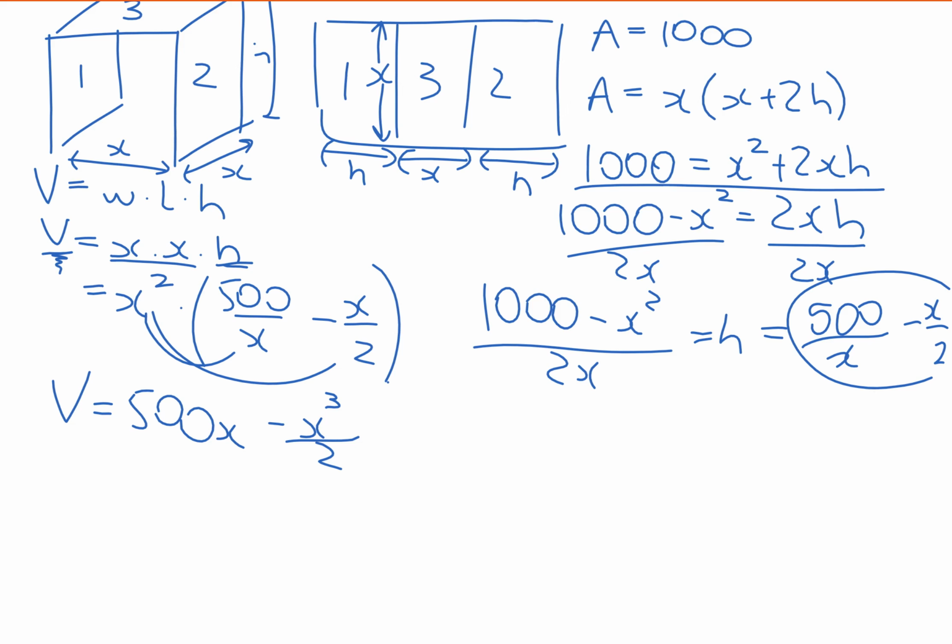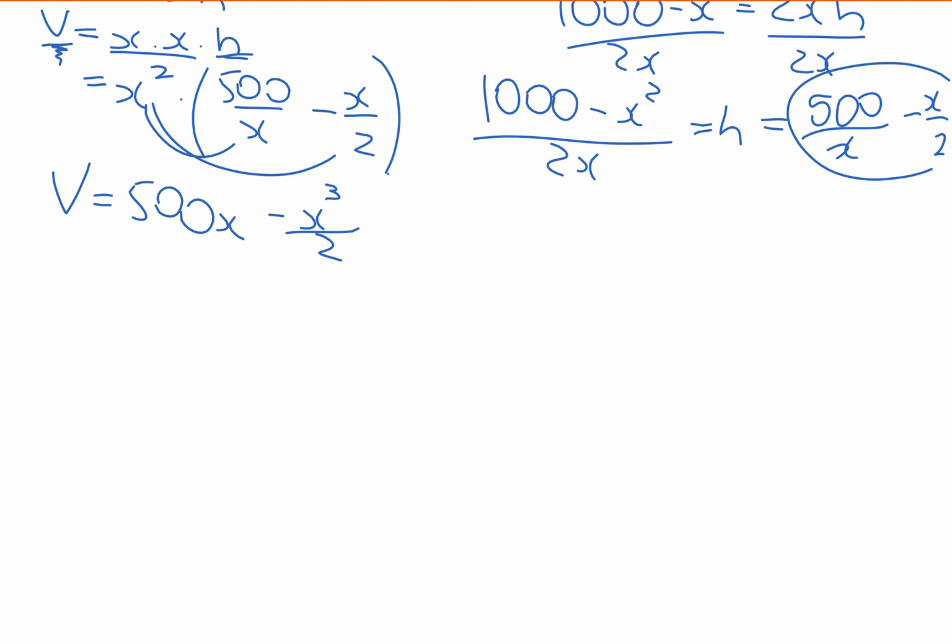Does that make sense? How do I maximize that volume function? Differentiate it, make it equal 0, solve for x. I'll probably get 2 x answers. One will be a minimum and one will be a maximum. Yeah? I just have to prove which is which.